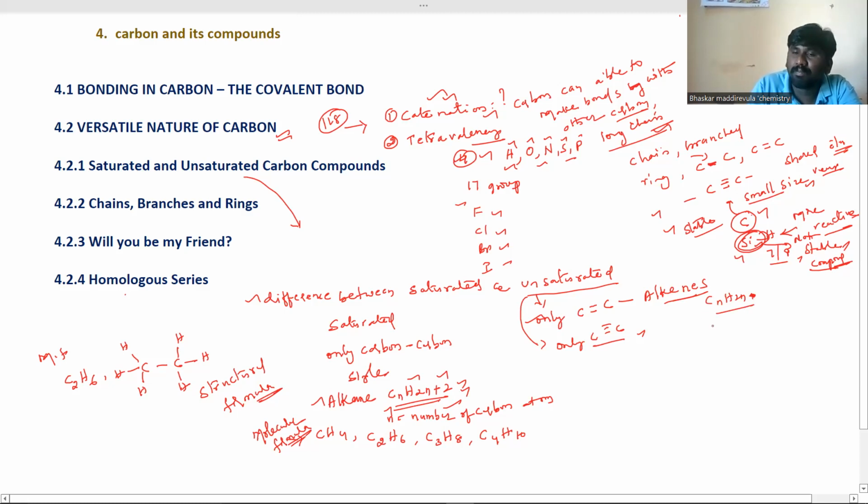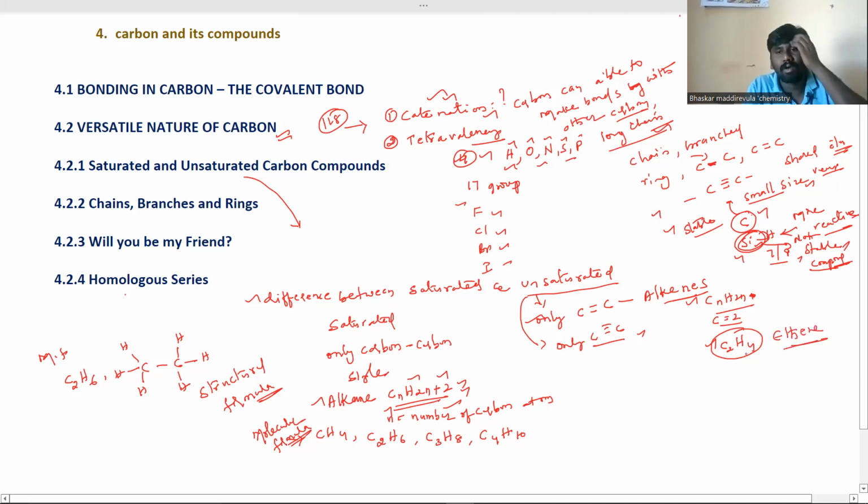Sometimes they'll ask the first member of alkene. That is where the number of carbon atoms is 2. Why? Because we need to make a double bond. For making at least one double bond, we require two carbons. So the first member is C2H4, of the alkene family. Its name is ethene.